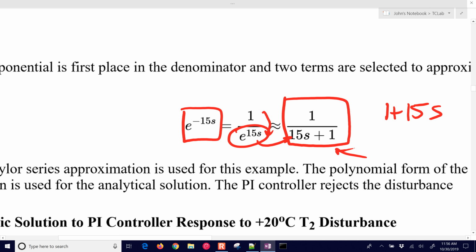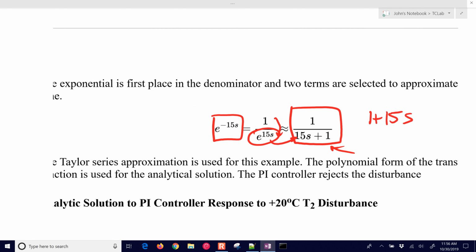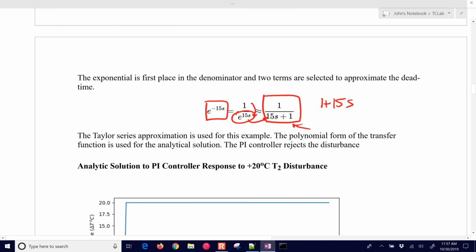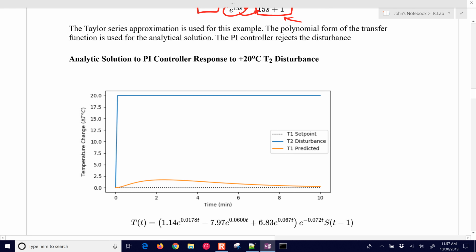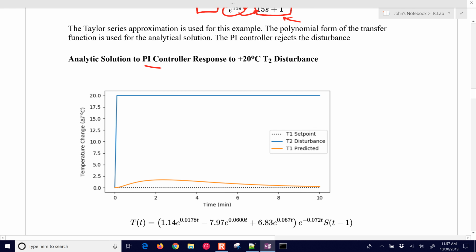So I'm basically just adding a lag there of 15 seconds to approximate the delay of 15 seconds. So let's go on with that approximation and get our analytical solution to the PI controller response to a 20-degree disturbance change in T2.